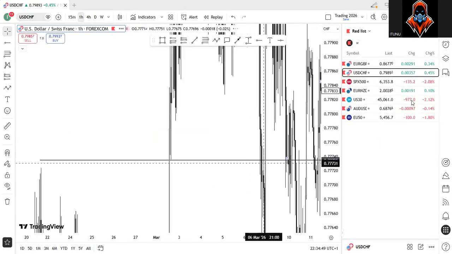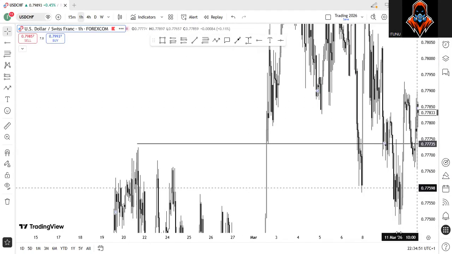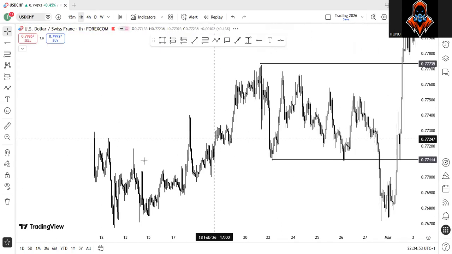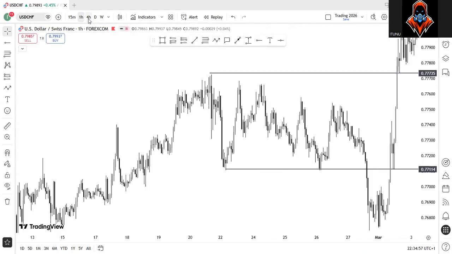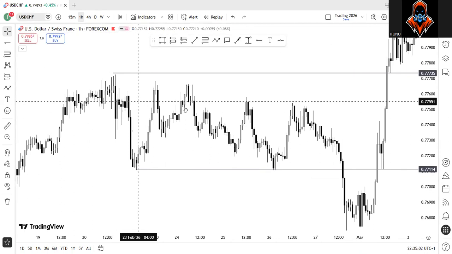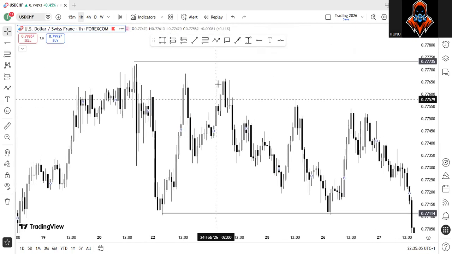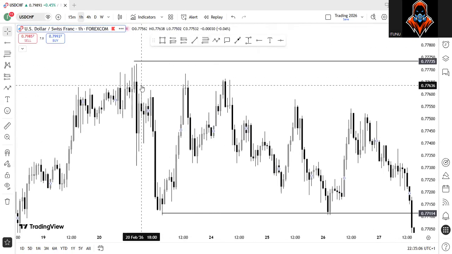Another scenario is this right here, USD CHF. Go to the time frame. What do we see? You see the sweep.